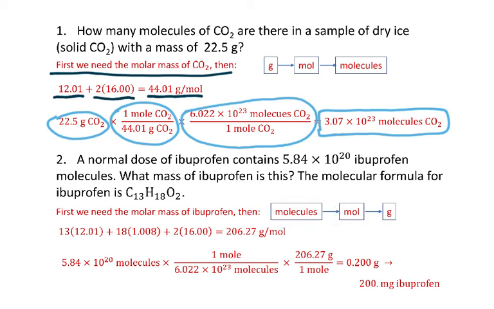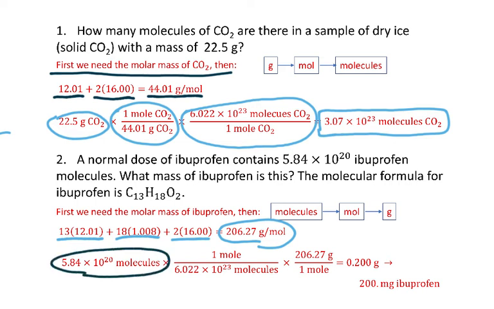So C13 is 13 times the molecular mass of carbon, plus 18 times the molecular mass of hydrogen, plus 2 times the molecular mass of oxygen, gives ibuprofen with the molar mass of 206.27 grams per mole. And we'll take the number of molecules, convert by dividing by Avogadro's number to get moles, multiply by grams per mole to get grams, and we get 0.200 grams, which is a 200 milligram dose of ibuprofen.